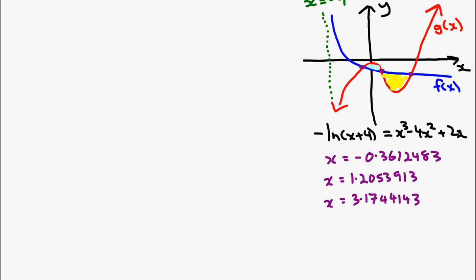Those numbers probably go on and on, but that's that point. You might want to make a point of how to find the points of intersection. What we did was graph the functions.